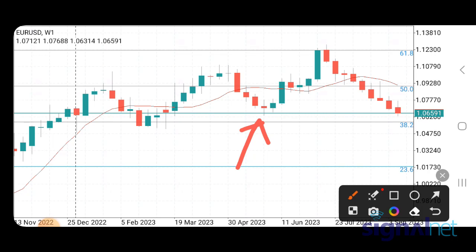This previous week still ended as a sell. I'm thinking, of course, we have another weekly support here too. So it may finally still get to the 38.2, or it may not exactly touch it.